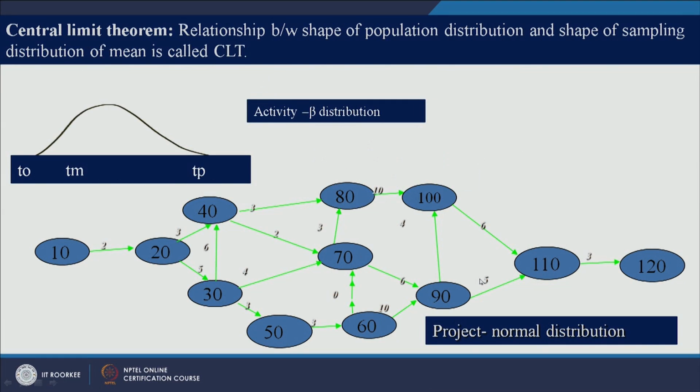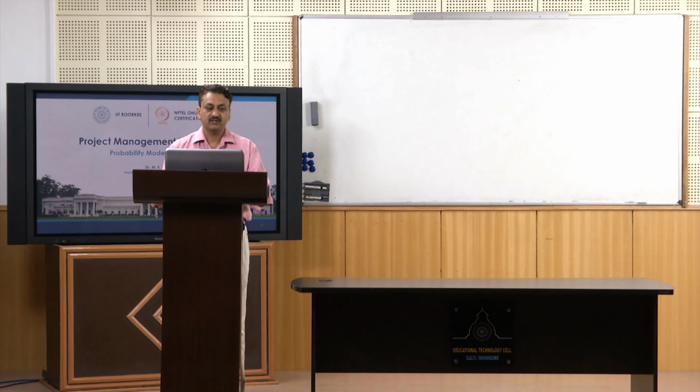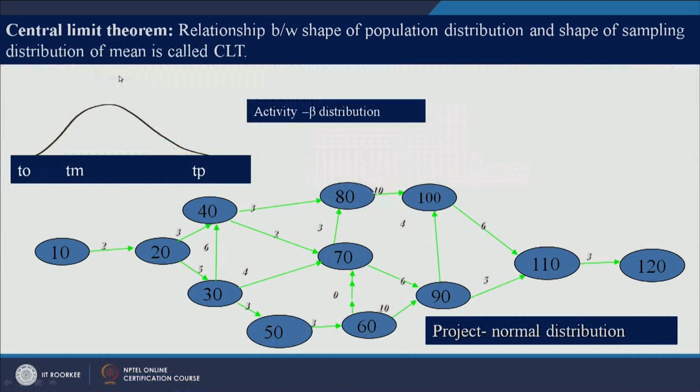So every activity is like a beta distribution, but at the end of the day the project has a normal distribution. The central limit theorem is a relationship between the shape of the population distribution and the shape of the sampling distribution. If we take this activity as one sample out of all those activities, then the distribution of this sample would be like a beta distribution, and all the activities together will have a normal distribution.